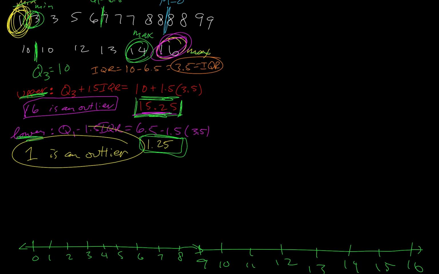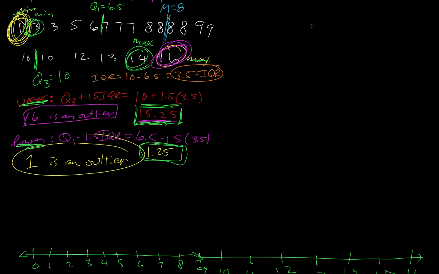Okay, so our box goes from Q1 to Q3. So Q1 was 6.5, and then it goes to Q3, which is 10. And we mark our median, which was 8. And then we go to our max and our min.